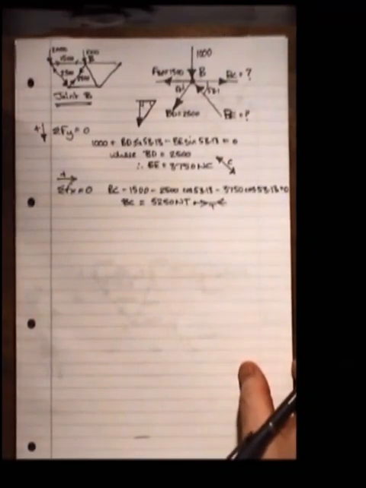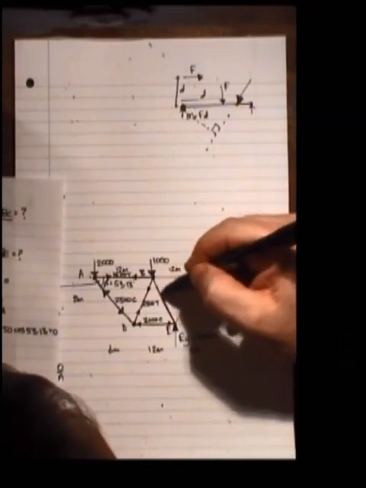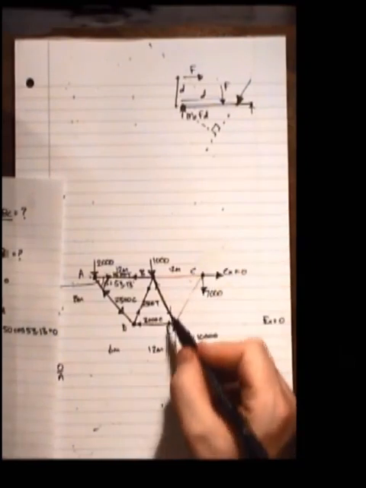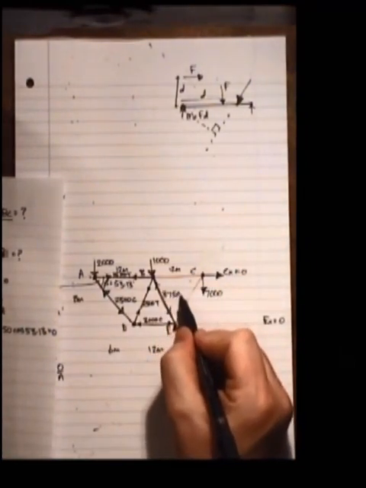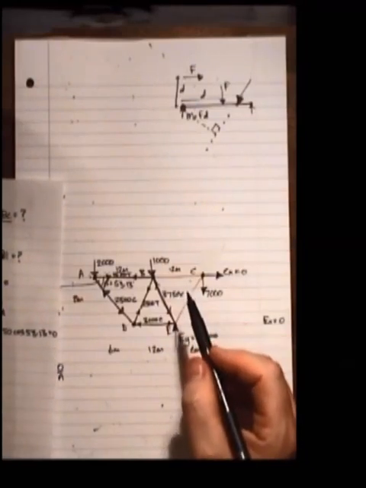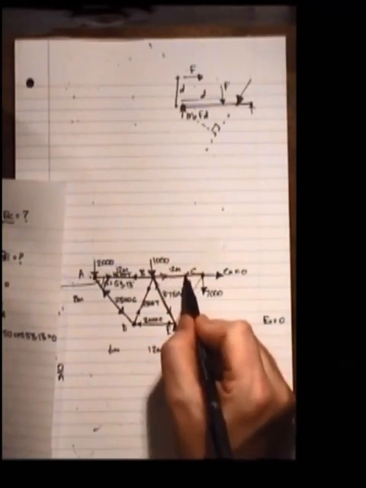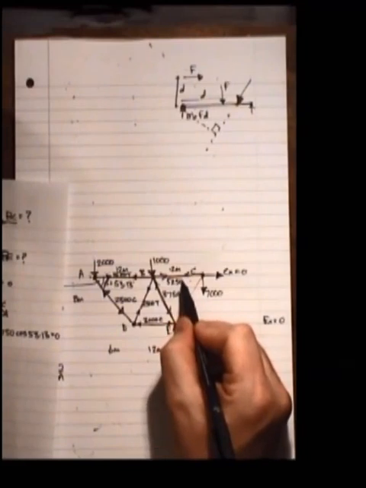So we'll draw these on to our diagram. So we've got BE pointed outwards, 3750 C. We've got BC, just worked out that it's pointing inwards, that's 5250, and tension.